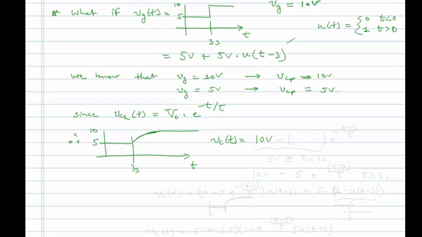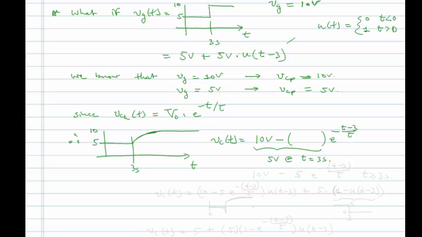I know that, right? But we're going to subtract something so that when t is equal to 3, this quantity here will be equal to 5 volts. I need to satisfy that.